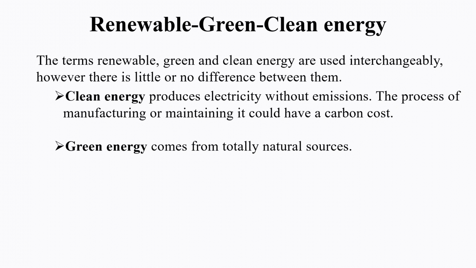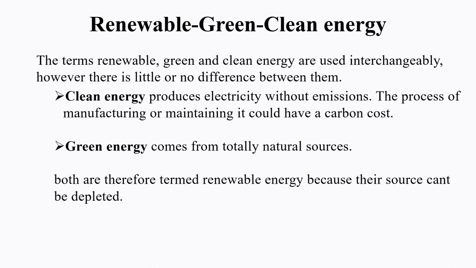Then when we talk about green energy, it comes from totally natural sources. Wind is from natural sources, water is from natural sources, and sunlight is from a natural source. So renewable energy, green energy, and clean energy are words that are used interchangeably and almost mean the same thing. They are termed renewable energy because their source can't be depleted.